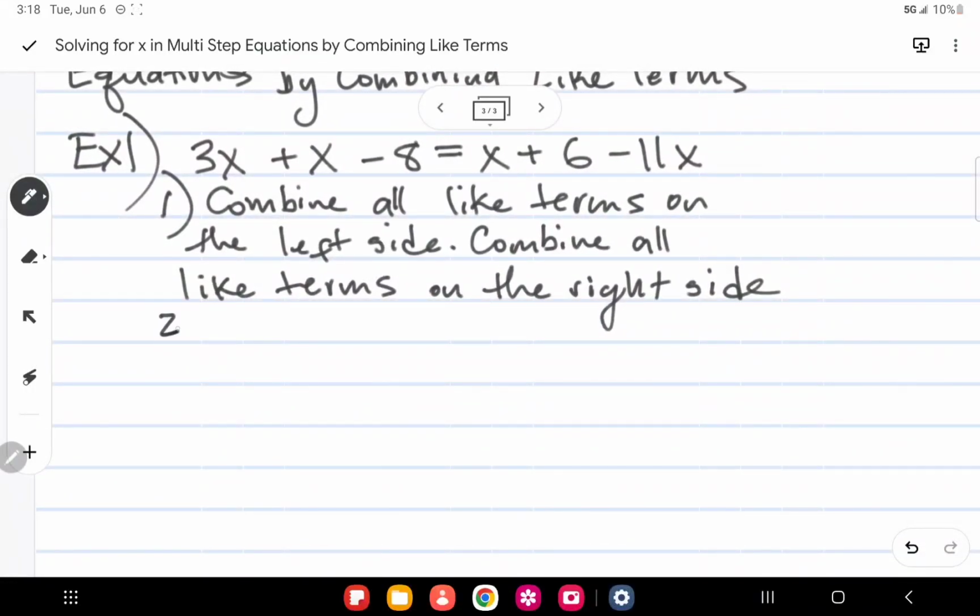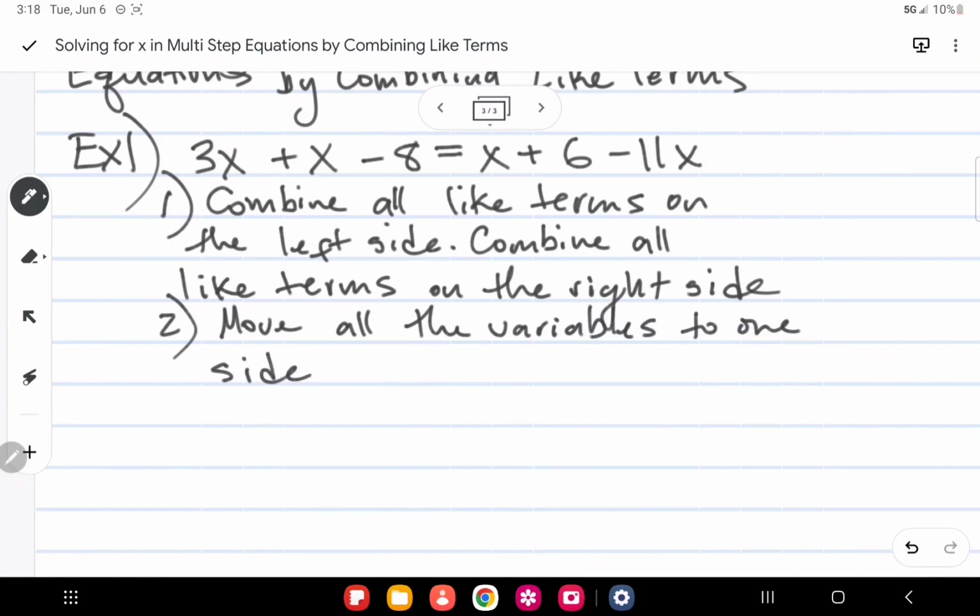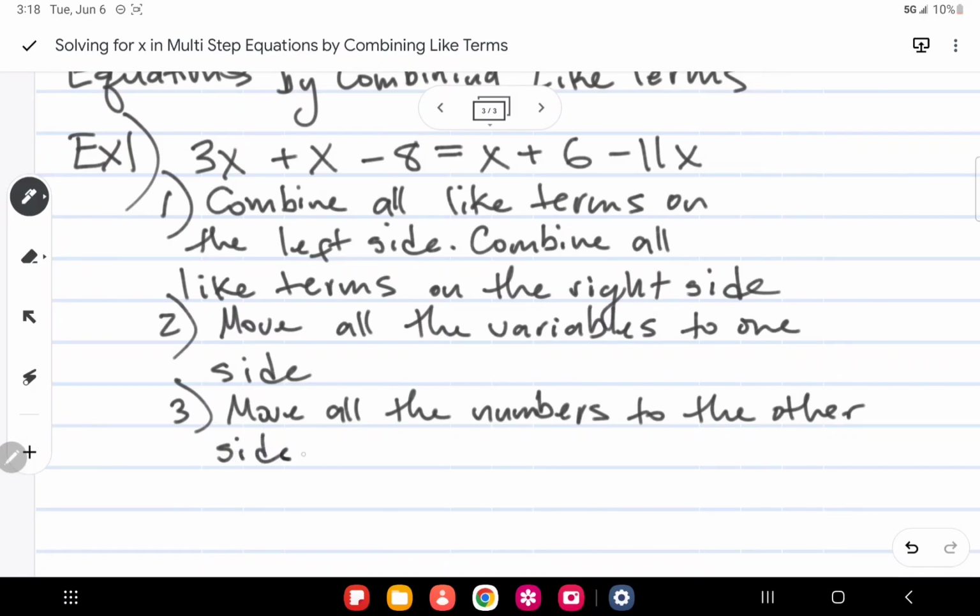The second step would be similar to the previous video. Move all the variables to one side and then move all the numbers to the other side to isolate the variable.